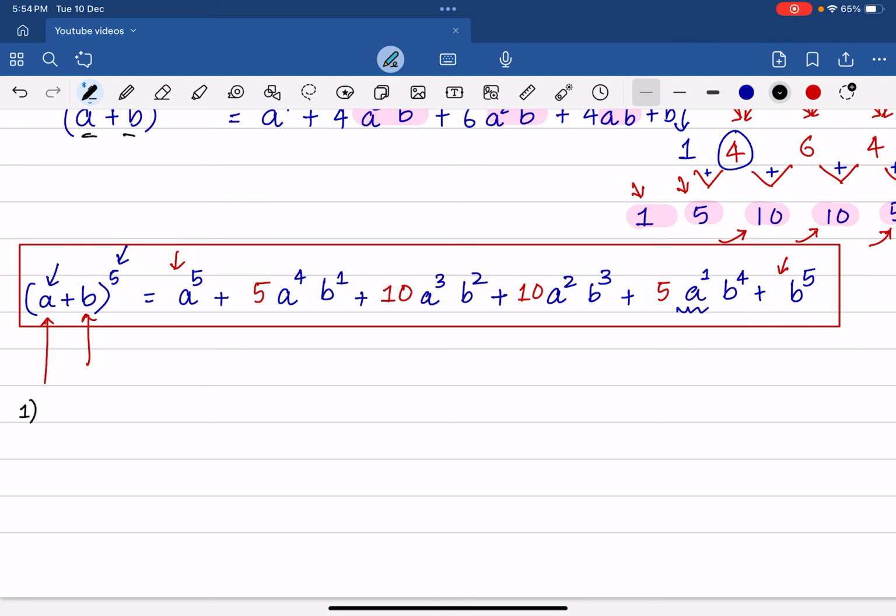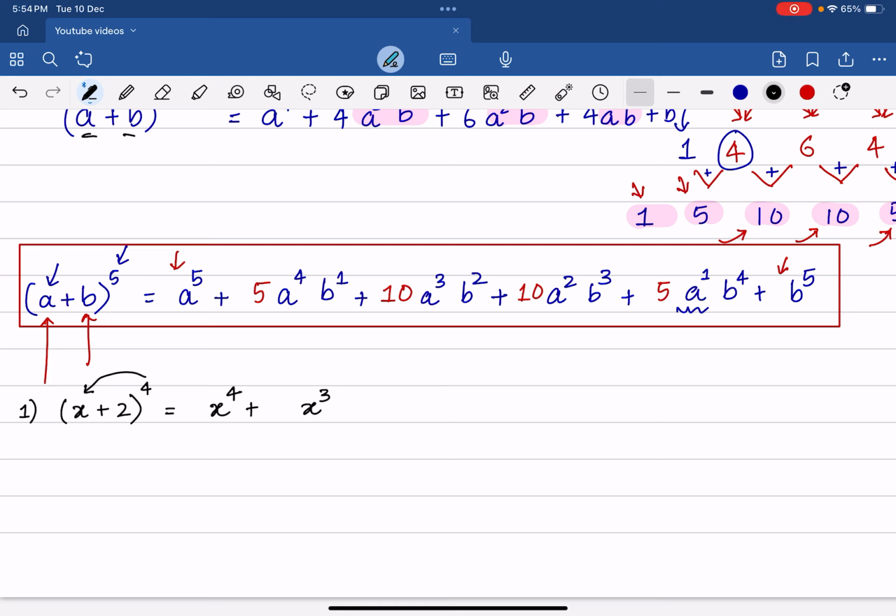Let's say you have the expansion of x plus 2 the whole raised to, you want to start with 4? I think 4 is a good number to start with. Yeah, x plus 2 the whole raised to 4. Now for the expansion of 4, what is the idea? You start with giving the power 4 to the first term, x raised to 4, plus, then it becomes x raised to 3.